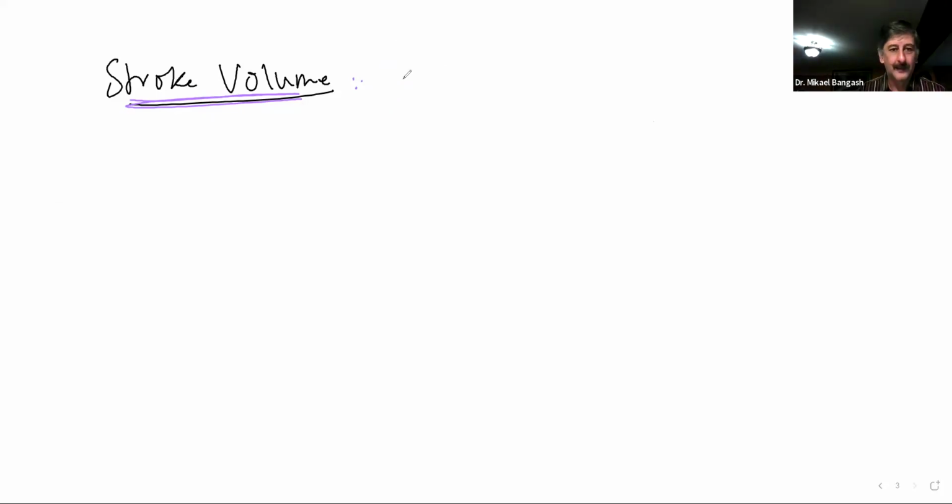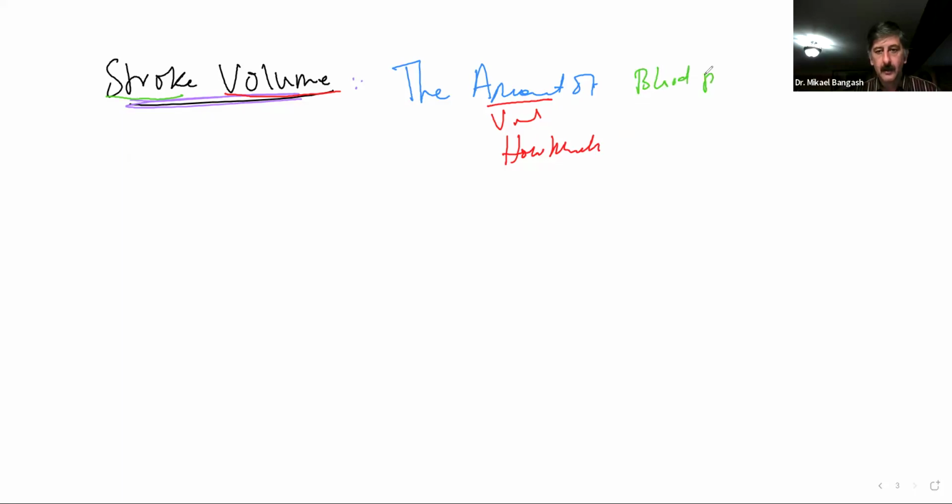When we say the amount of, or the volume, that accounts for how much. Whereas when we say stroke, it is the blood pumped by one heartbeat.